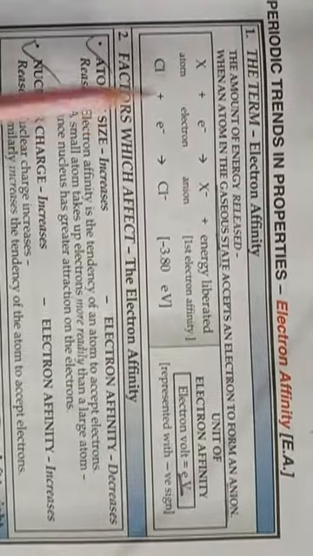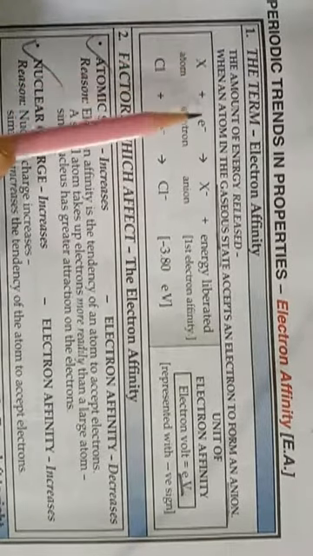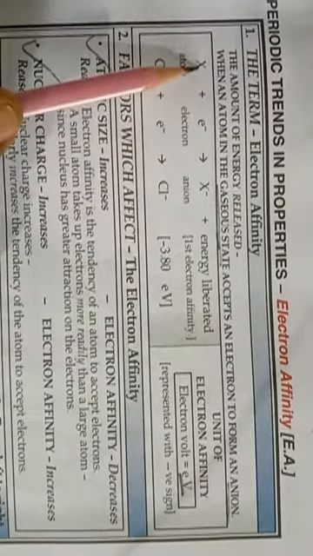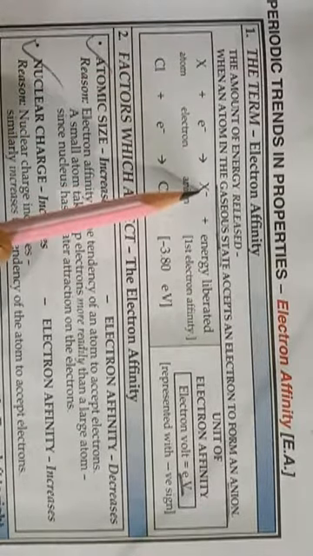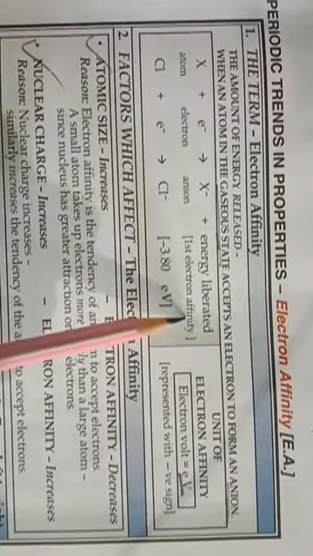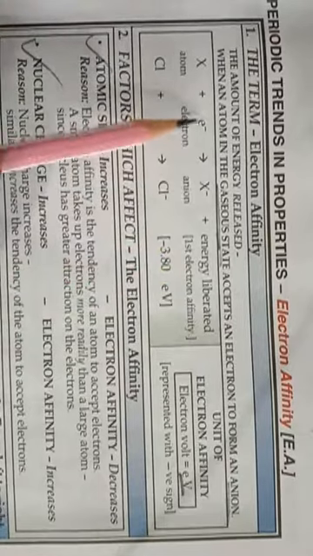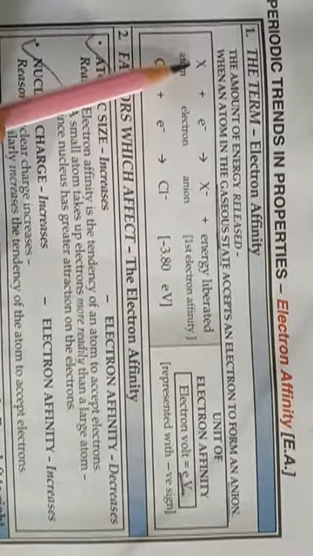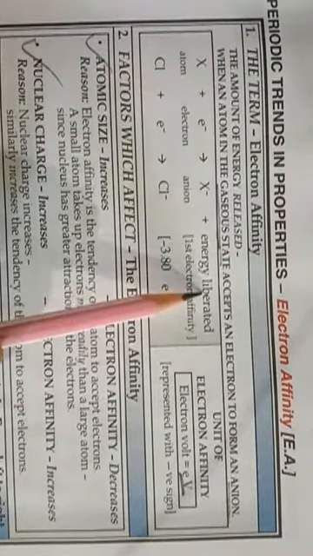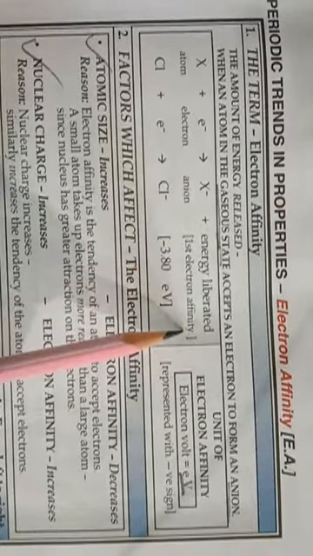So here an electron is given to the atom, a negative ion is formed, energy is liberated, and this energy will be the first electron affinity, as we have discussed already in the case of ionization potential. When the first electron is taken out, it is first ionization potential, and in the same way when the first electron is given to any neutral atom, the energy released will be known as first electron affinity.